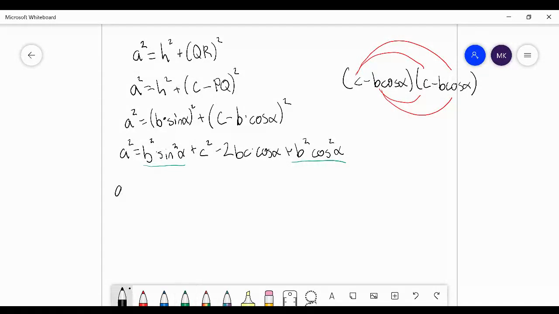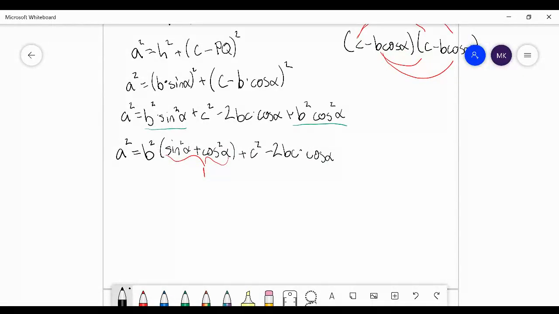And so I get a squared equals b squared times sine squared alpha plus cosine squared alpha plus c squared minus 2bc times cosine alpha. Now you may be able to see kind of where this is headed, right? And this lovely little thing here is 1 from the Pythagorean identity, right?